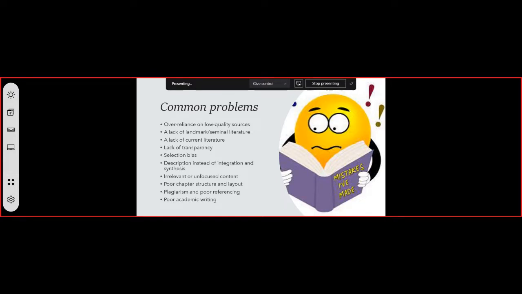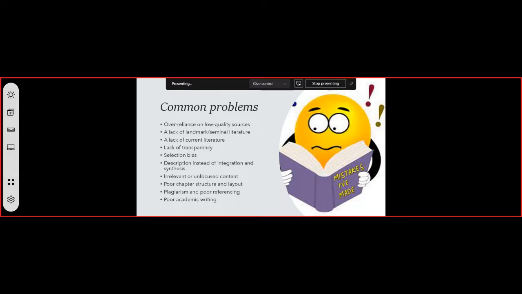And that might be a form of bias. So did you only, for instance, include sources from the global north? Where maybe your field or your topic would have a very strong voice from the global south as well, or east or west, for instance. So please make sure that you check your biases when you are selecting and when you are arguing certain points.